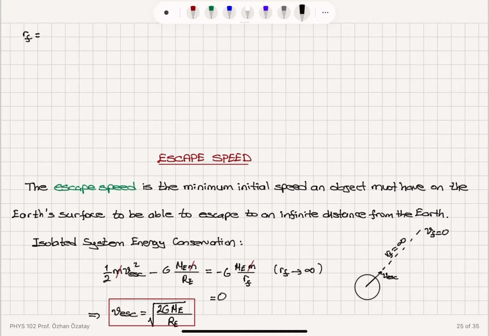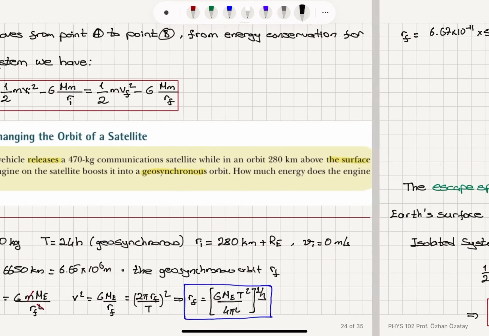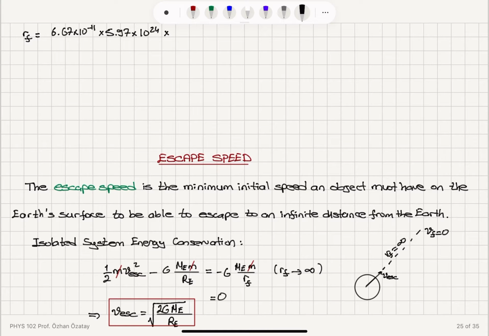It's going to be 6.67 times 10 to the minus 11, times 5.97 times 10 to the 24, times T squared. The 24 hours, 60 minutes, 60 seconds squared, so that's conversion to seconds.